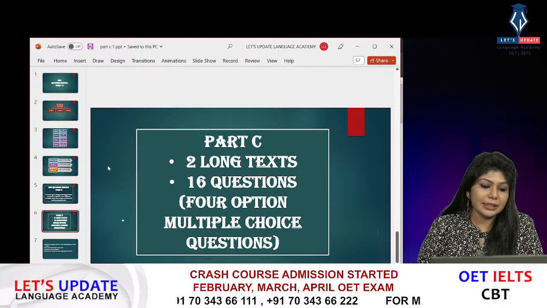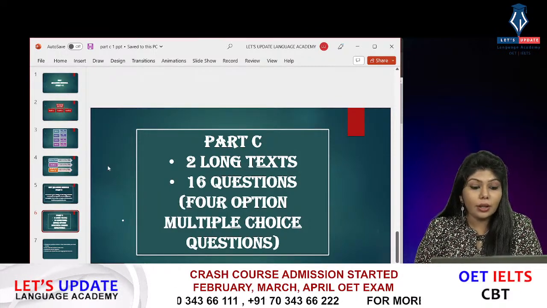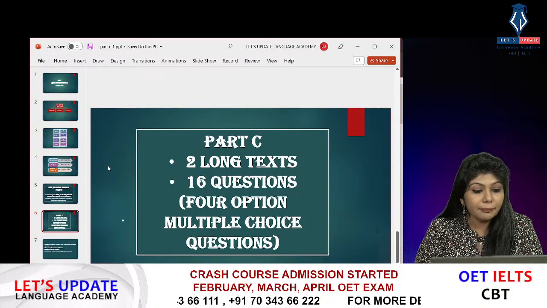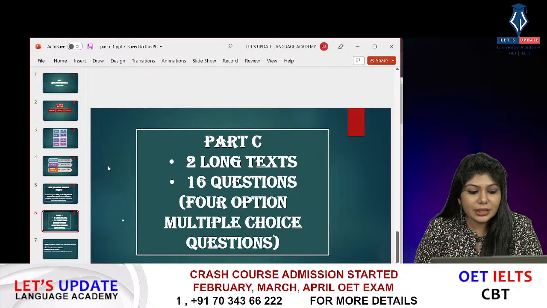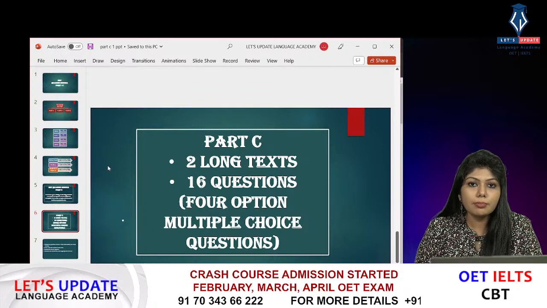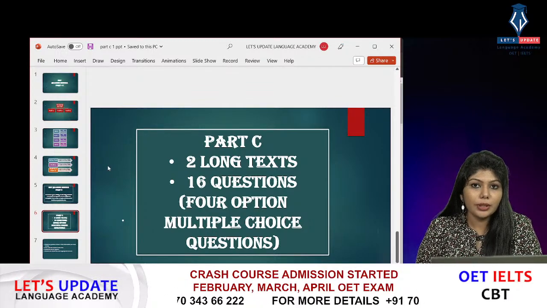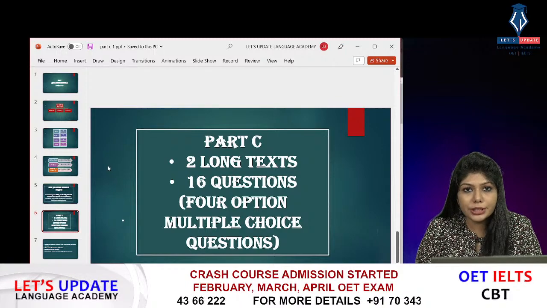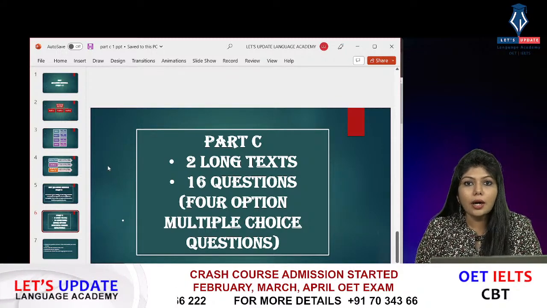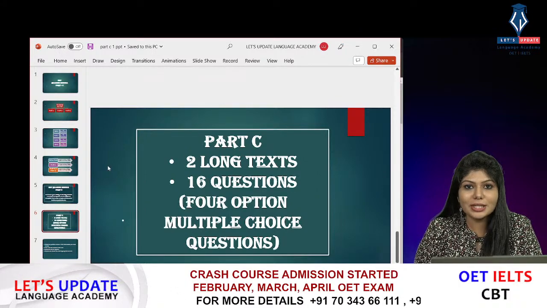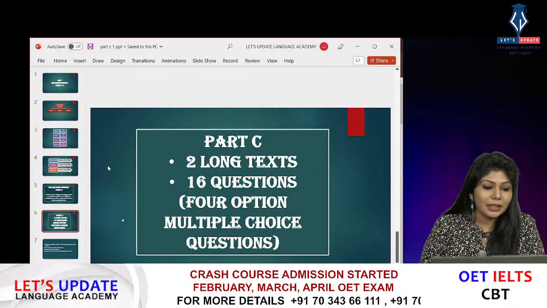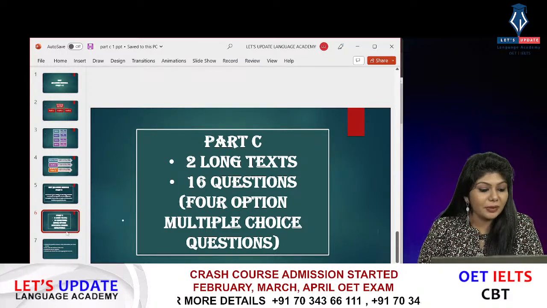In part C, as I told you, there will be two long texts followed by 16 questions, and each question will have four options, multiple choice in nature. That means you will have a set of four options and you must choose the correct answer, or the most appropriate answer, from a set of four options. That is the nature of questions in part C.